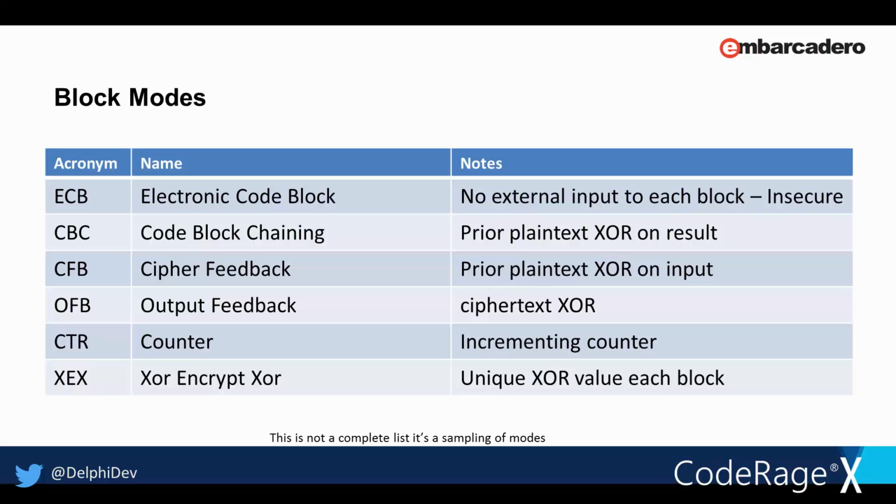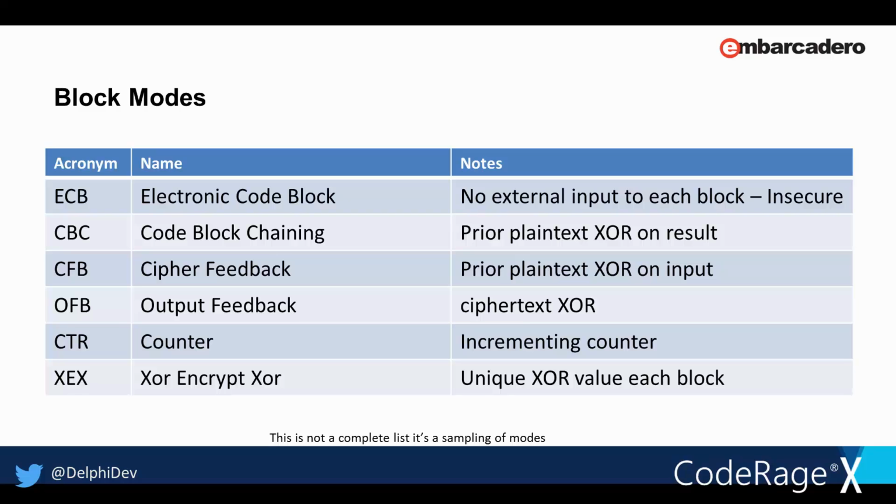So let's look at this. ECB, electronic codebook, has no external input for each block, so it demonstrates that pattern, and it's insecure. Cipher block chaining, CBC, the one we were just looking at, takes the prior ciphertext and XORs it on the input, and continues to chain that through. Cipher feedback takes the prior ciphertext and XORs it on the output.